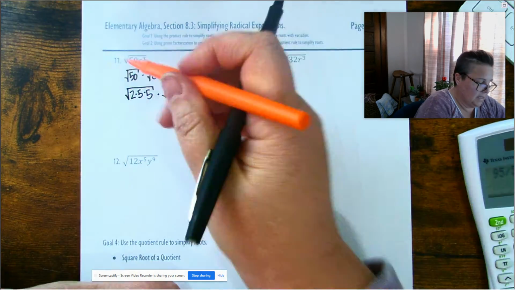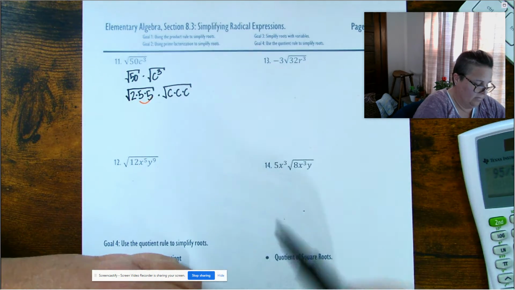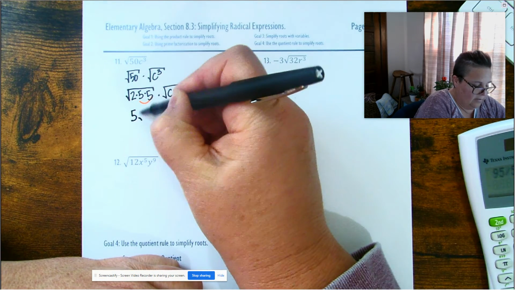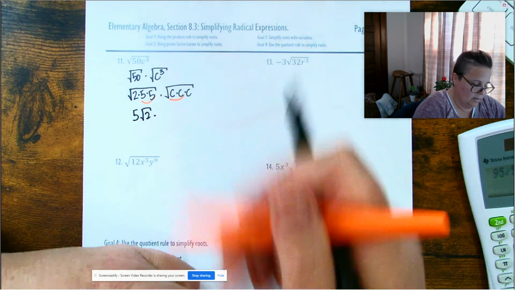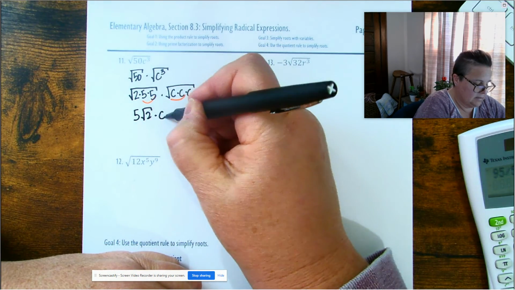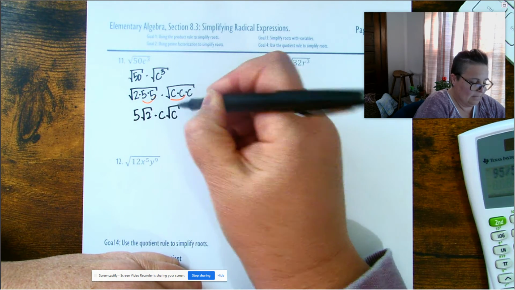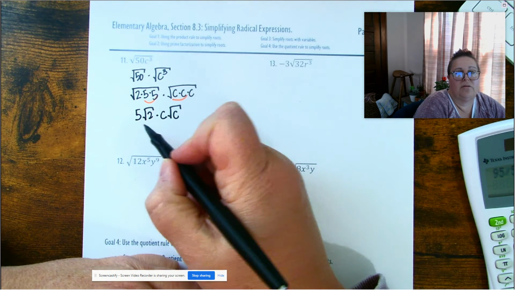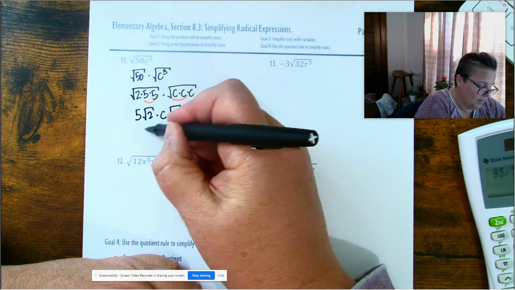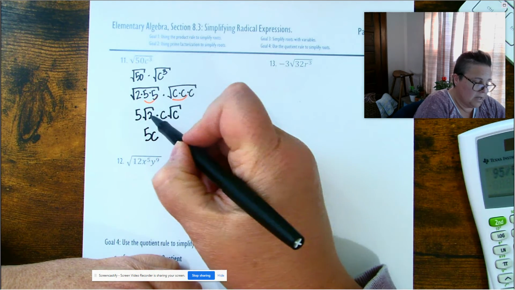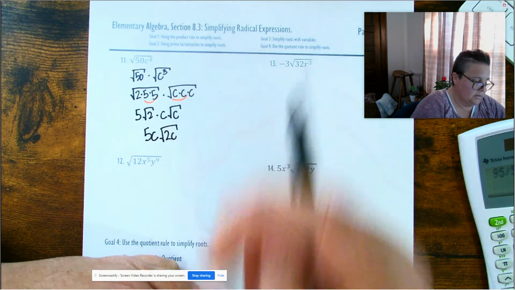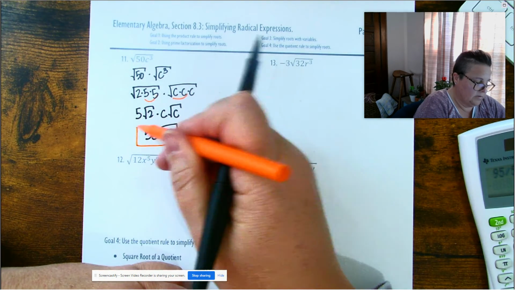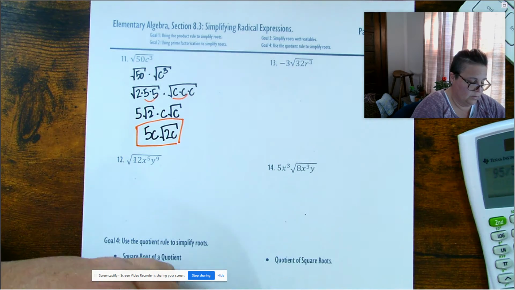So that means that here I can bring out a 5. So I have 5 square root 2 times, here I can bring out a c, because I've got a pair of c's, c square root c. So putting it back together, what's on the outside can get multiplied together, 5c. What's underneath the square root can get combined, 2c. So this is 5c times the square root of 2c.